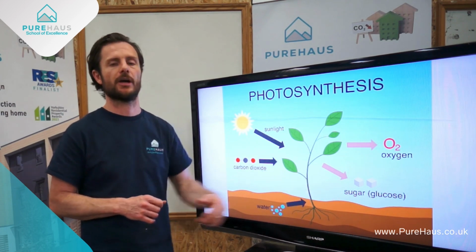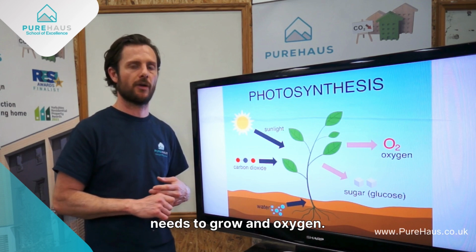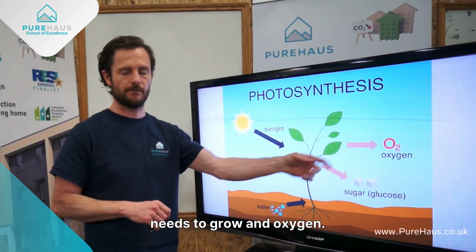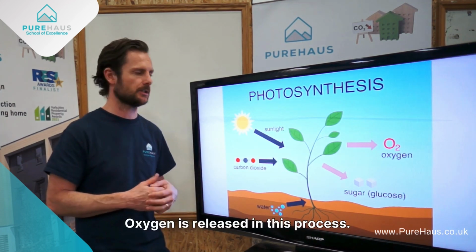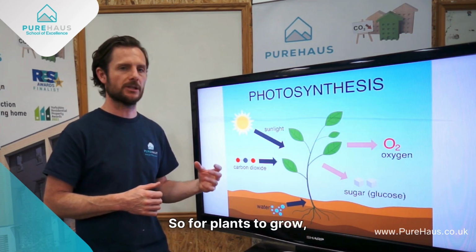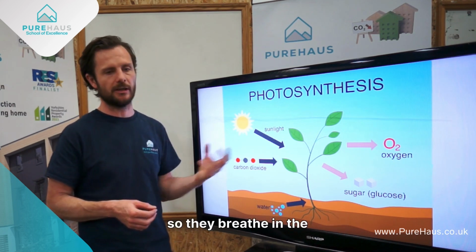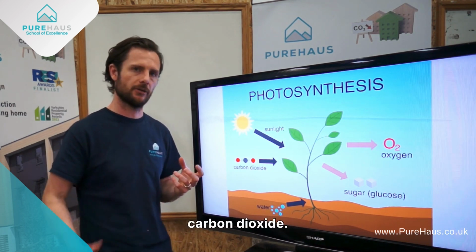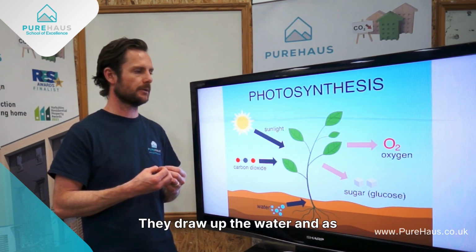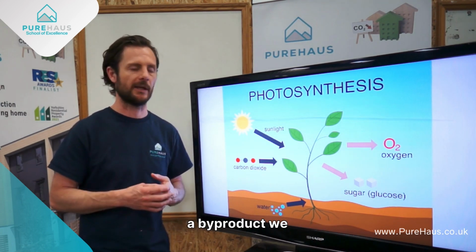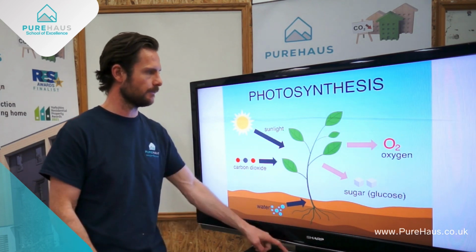Glucose sugars, the carbohydrate that the plant needs to grow, and oxygen. Oxygen is released in this process. So for plants to grow, they want to create carbohydrates. So they breathe in the carbon dioxide, they draw up the water, and as a byproduct, we get oxygen released.